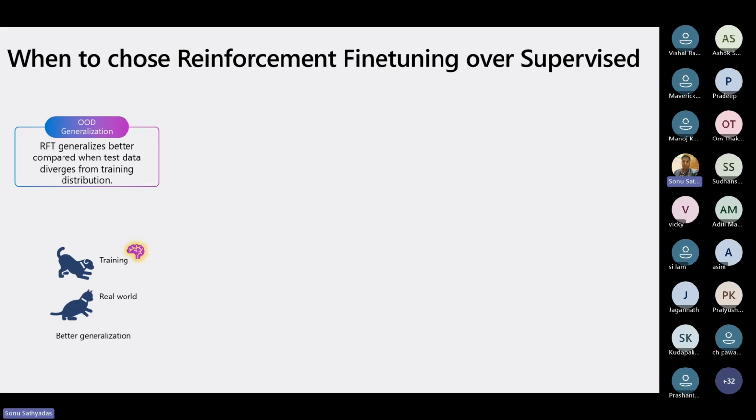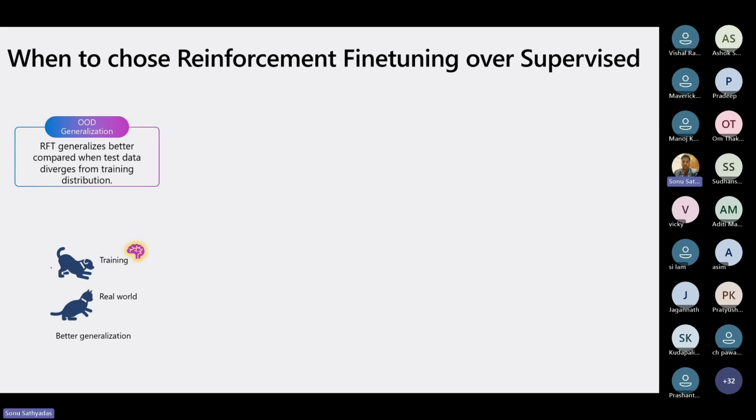So in scenarios where the training data set and the actual user question are different, which is the better option? Reinforcement, because supervised is capable of answering whatever is in the data set. If something out of the data set is asked, or if it is asked in a different approach or a different way, it may not be able to answer. Right. So that is what is given here.